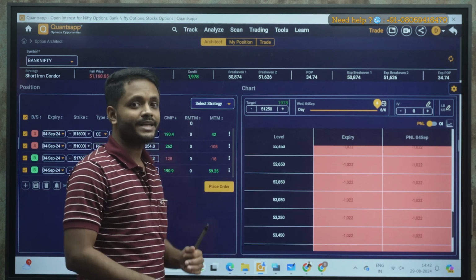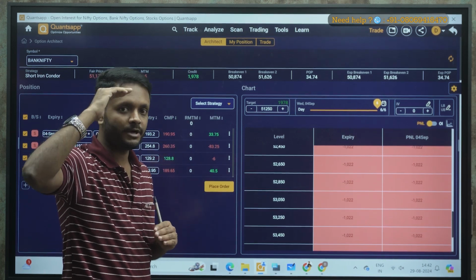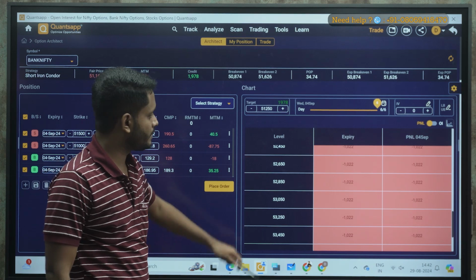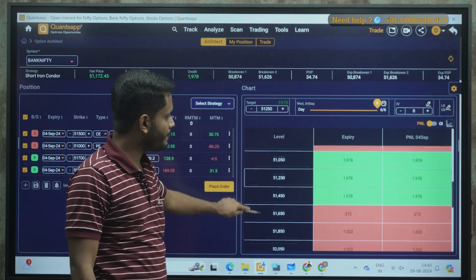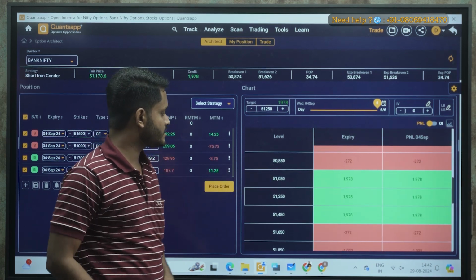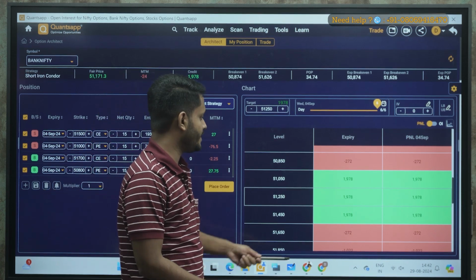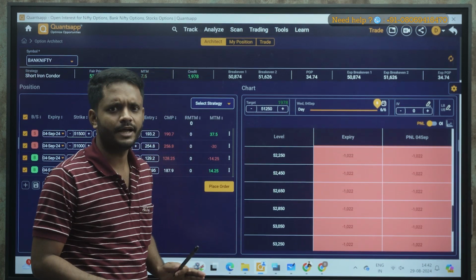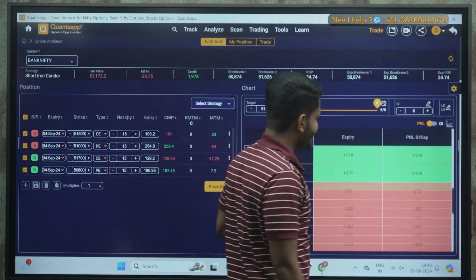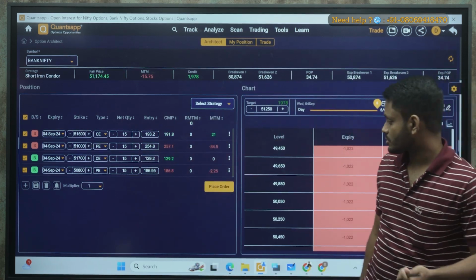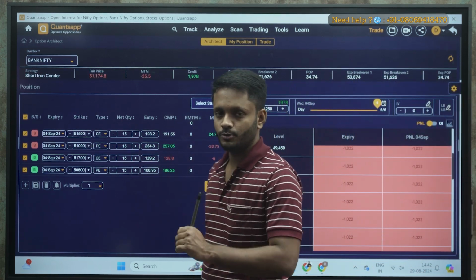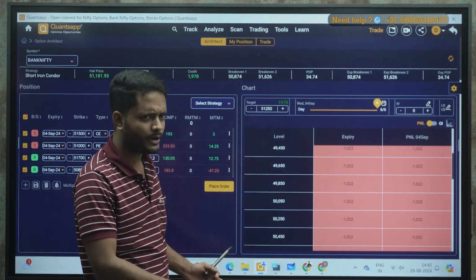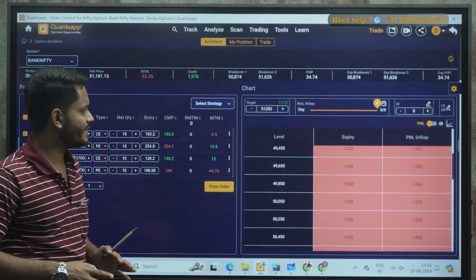My expectation is that the market is going to stay between 51,500 and 51,000. If that happens, I will be making approximately 1,978, that is approximately 2,000. So here I can easily see a reward to risk of 1.8:1, approximately 1.7:1, which is very decent.